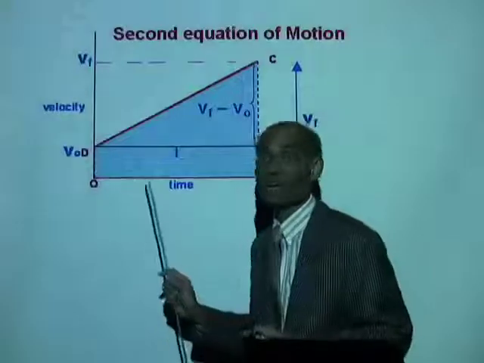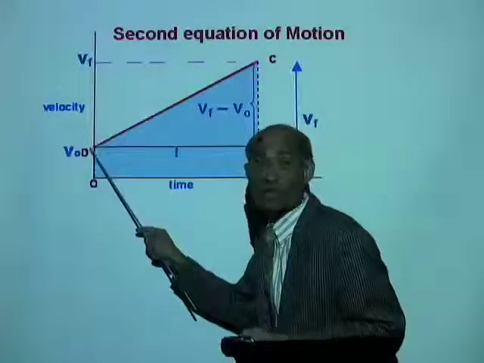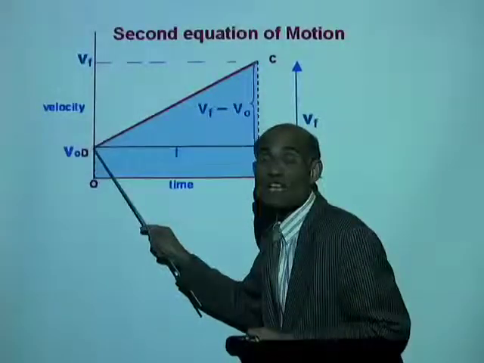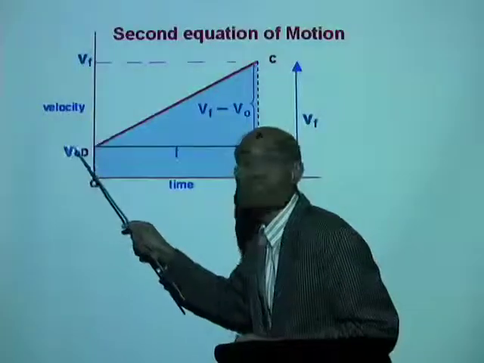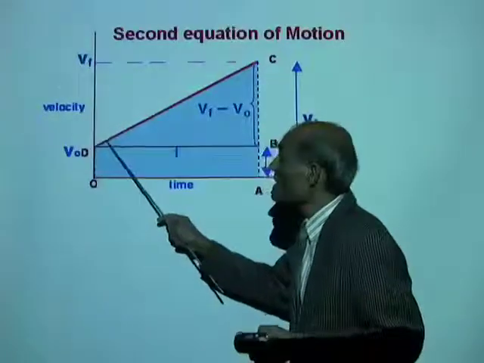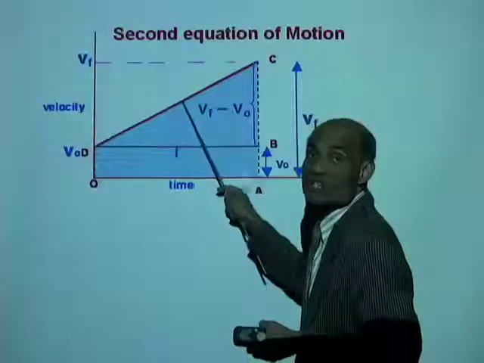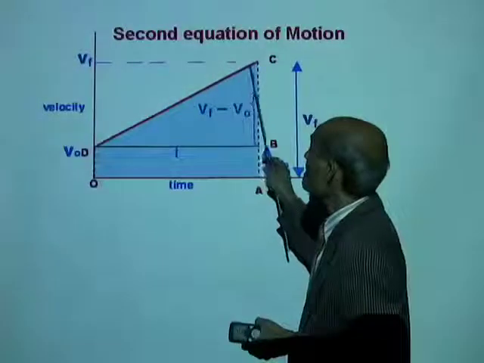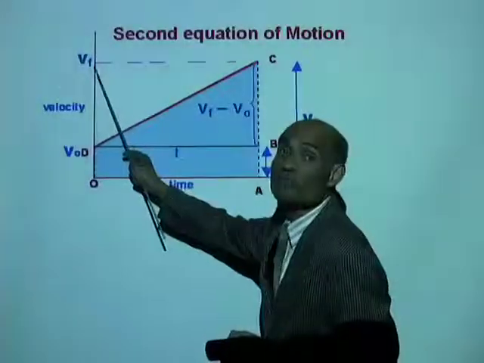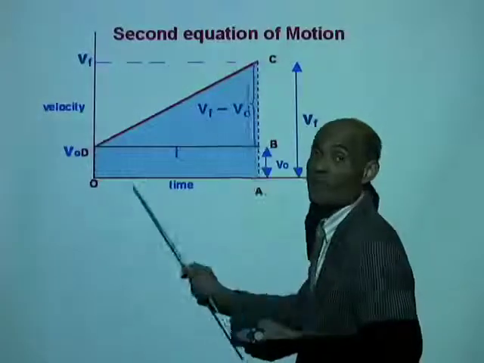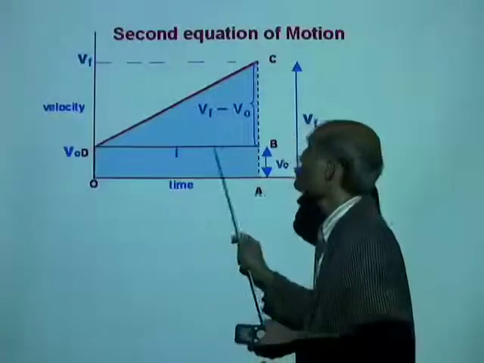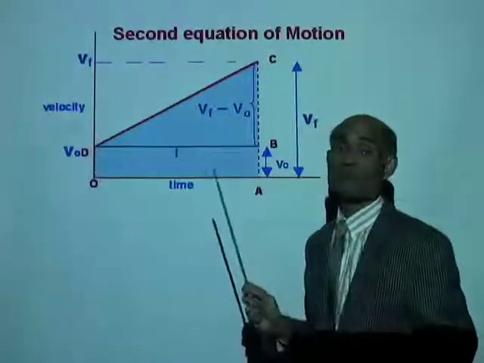Alright, now listen carefully here. You have a particle initially having a velocity V0 and it has a uniform acceleration and it has a final velocity Vf, and that happened during a time interval t.